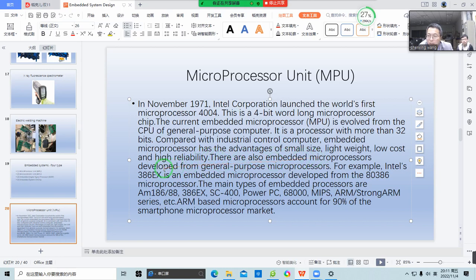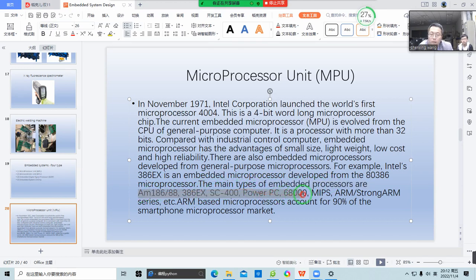There are also embedded microprocessors developed from general-purpose microprocessors. For example, in the past, the 386 was very popular, and this was developed from the 386, especially popular in the 1990s. In the past, the main types of embedded processors were like this.